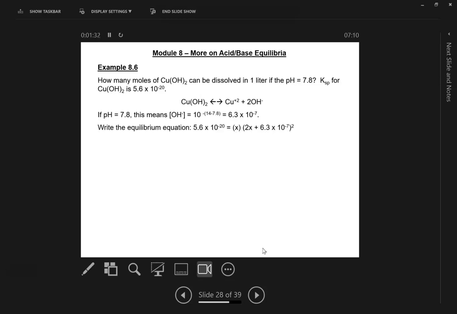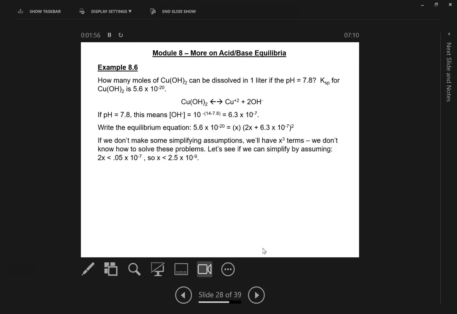All right, so we write our KSP equation. We say 5.6 times 10 to the minus 20th is equal to x times 2x plus the hydroxide concentration already there, 6.3 times 10 to the minus 7th, squared. We put the squared because of the coefficient 2 in front of the OH minus.